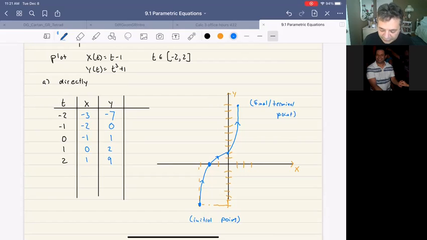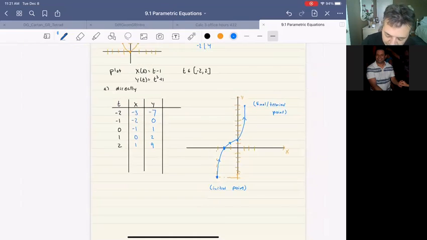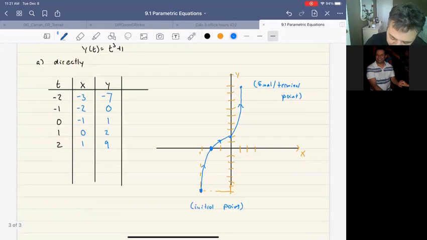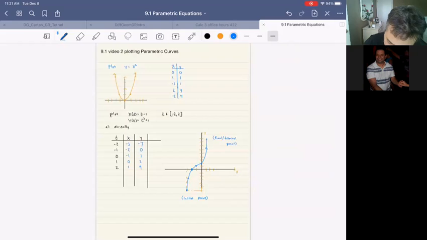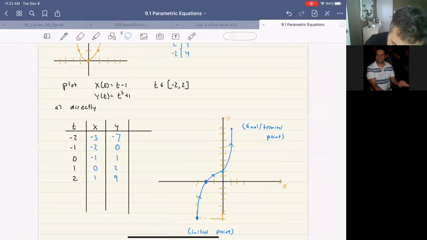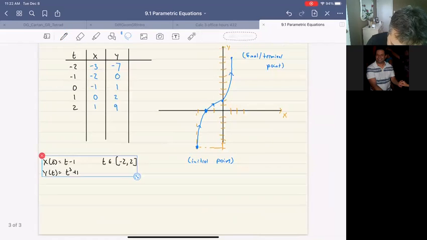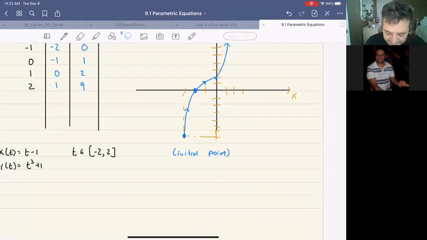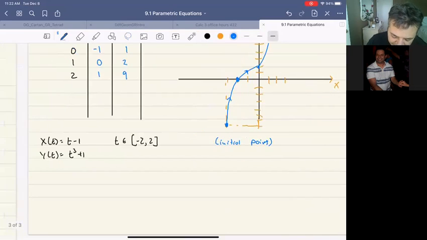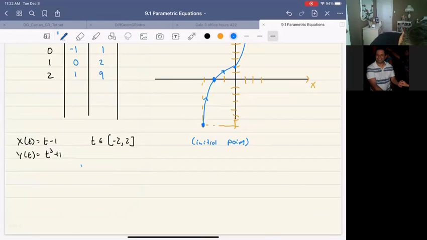Now there is another way to do this. The other way to do this is to note that if I write x equals t minus 1, that's equivalent to t equals x plus 1, right?